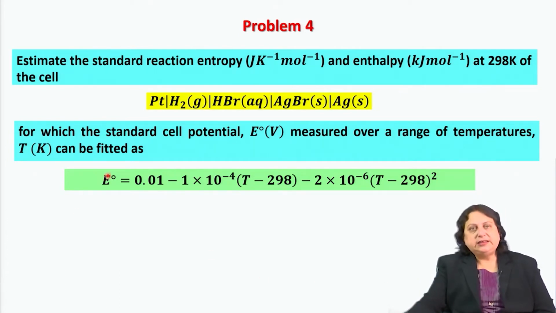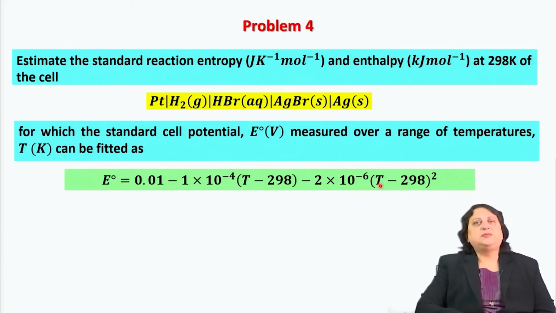It is given as E naught in volt, that is given by 0.01 minus 10 to the power of minus 4 into T minus 298 minus this small term into T minus 298 whole squared.